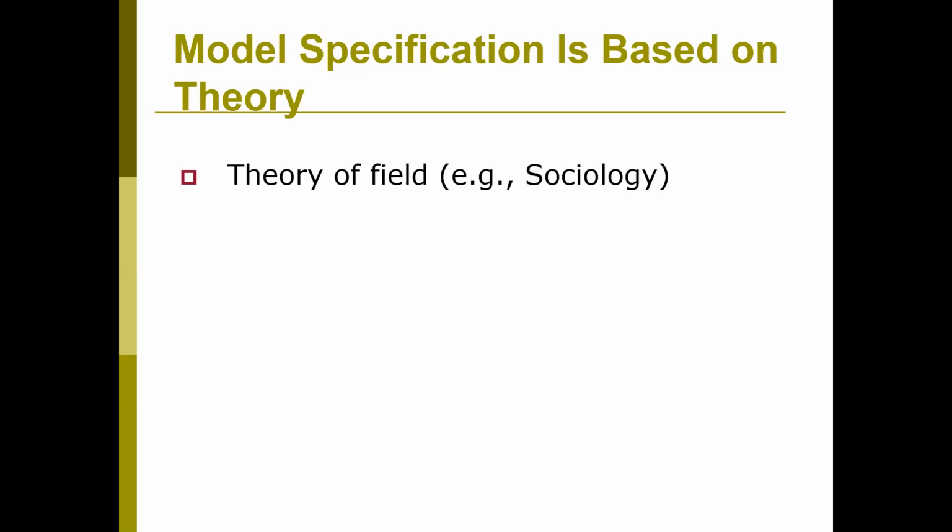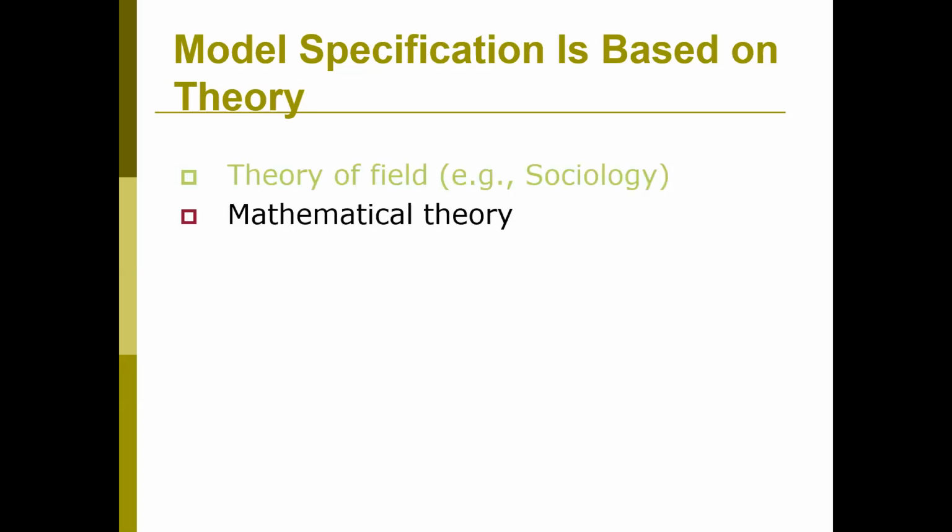Okay, the next thing that I'm actually going to talk about is mathematical theory. In the specification of a model, of course, I need to have knowledge of mathematical theory. I need to know the functional form: if I want to specify a linear model, how does it look? That was the reason why in high school you came across what we mean by a linear equation, nonlinear equation and stuff like that.